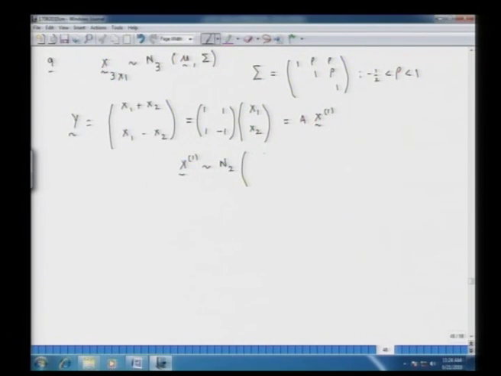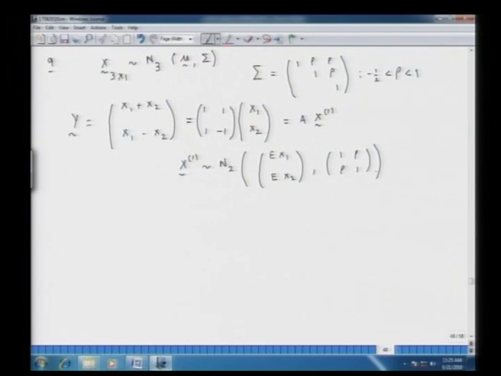a bivariate normal distribution here, with the mean vector as the corresponding expectations, expectation of x1 as its first entry, and expectation of x2 as its second entry. And the covariance matrix of the x1 subvector would be derived from here, so that this is 1 rho rho 1.